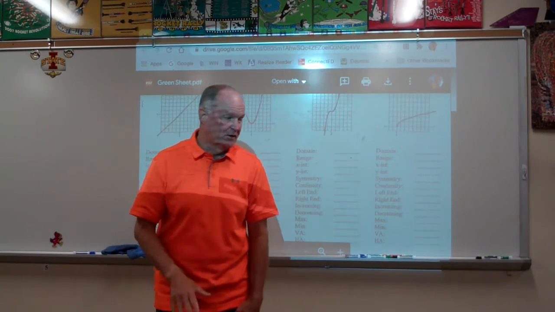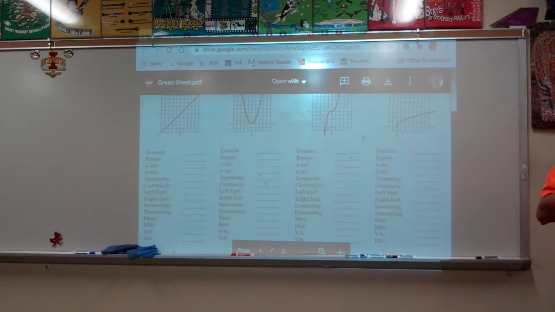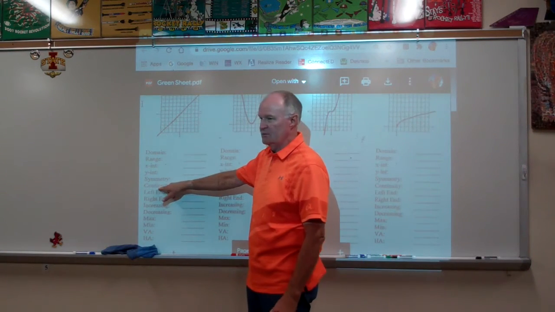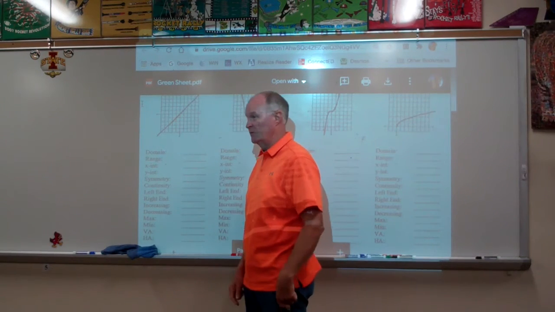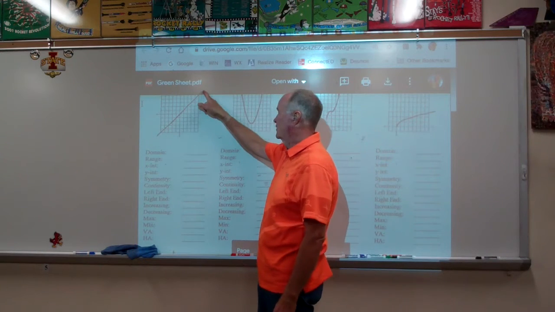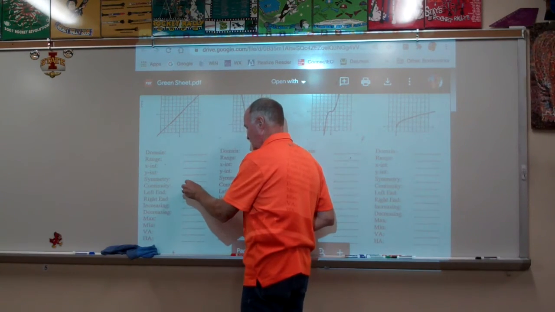So the first place we're going to start is with our green sheet and just look at all of the functions that we've got, our big six, and look at the next thing on the list, which is called continuity. And looking at each one of these, if I start over here, could I draw without picking up my finger? Yep. So it's continuous, just yes.